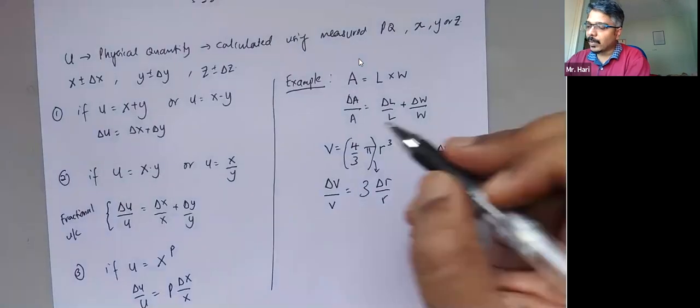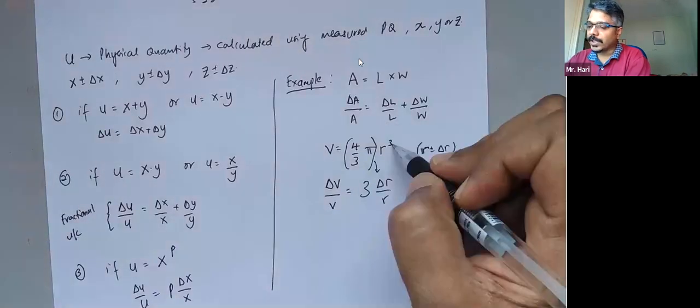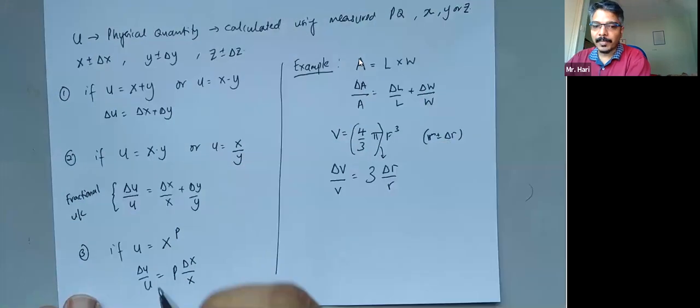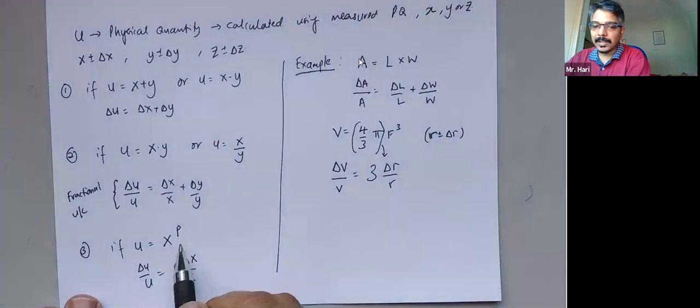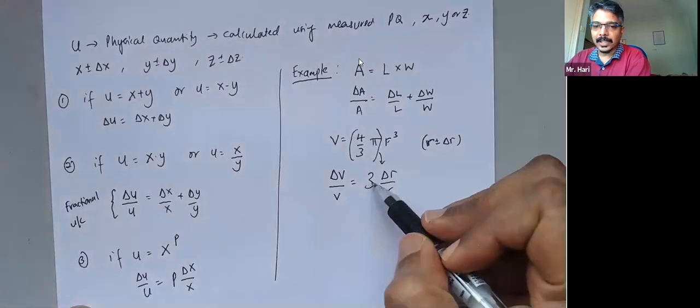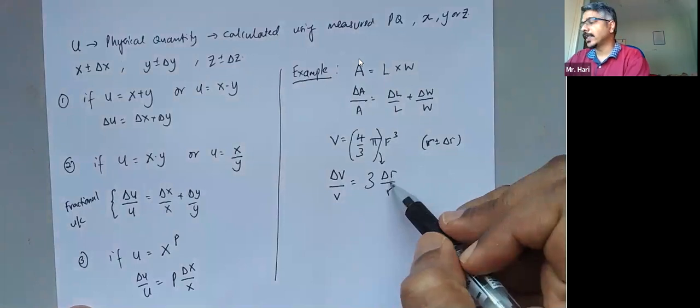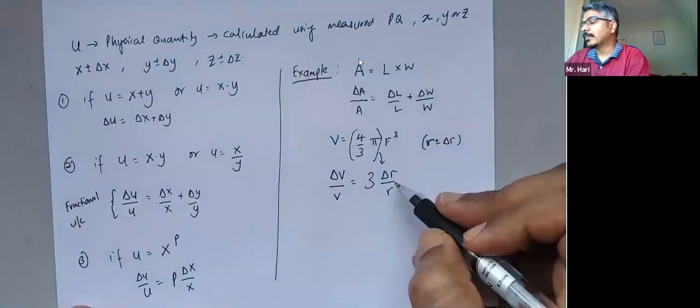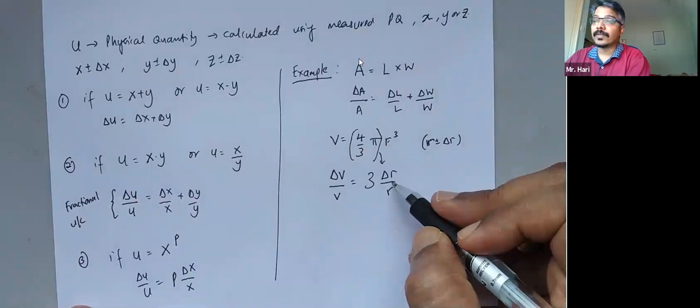However, r to the power of 3, like we follow here, x to the power of p, so the p multiplies with the fractional uncertainty of x. So in this case, 3 multiplied with delta r over r, which in this case is the fractional uncertainty of the radius.